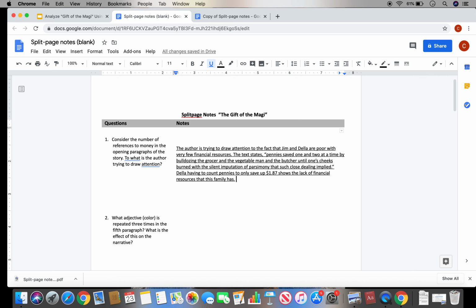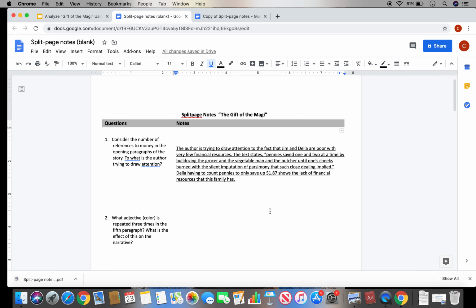Okay, so I've restated, I've answered, I've cited evidence, and now I've also explained my evidence. Sometimes you'll want to explain in a couple sentences, so I'm going to go into a little more detail with my explanation because remember, I'm trying to answer why is this author trying to draw attention to the money? Well, he mentions how she only saved up $1.87, and it's important for the reader to understand that, right?